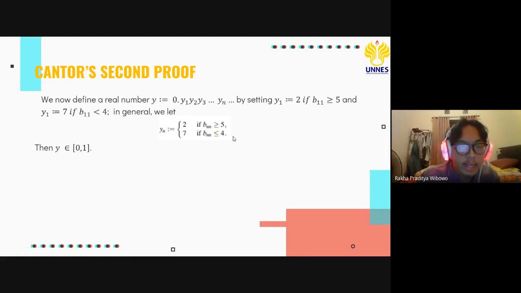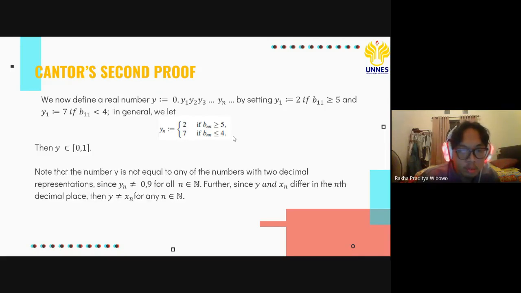Then y is an element of the closed interval 0 to 1. Note that the number y is not equal to any of the numbers with two decimal representations, since yn is not equal to 0.9 for all n element of the natural numbers.